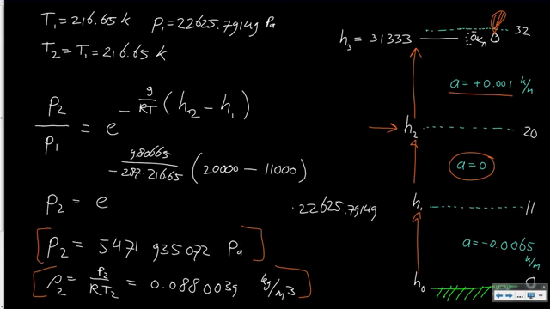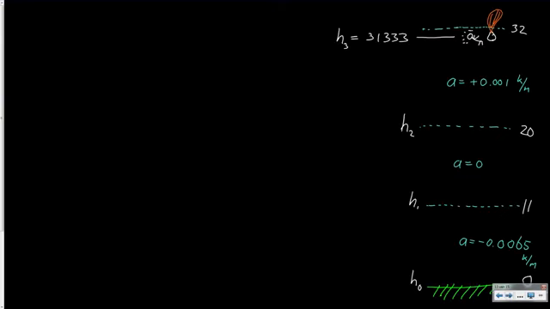Our start values we have to copy, of course, again. So our start values are now P2 equal to 5471 point something, 3502 Pascal, and our temperature is what we need actually. Our temperature T2 was the same throughout the complete layer, 216.65.